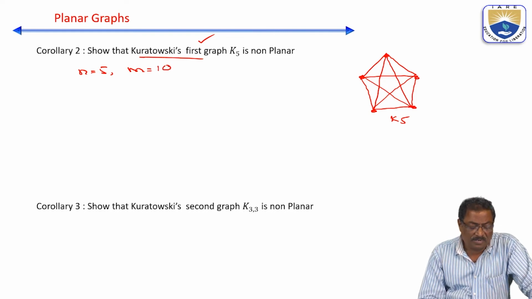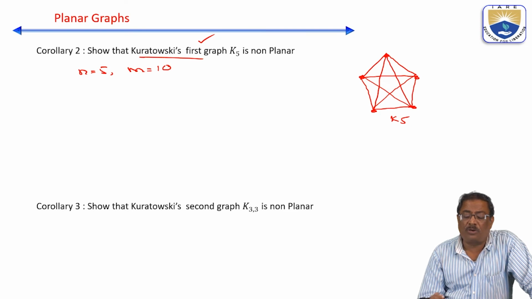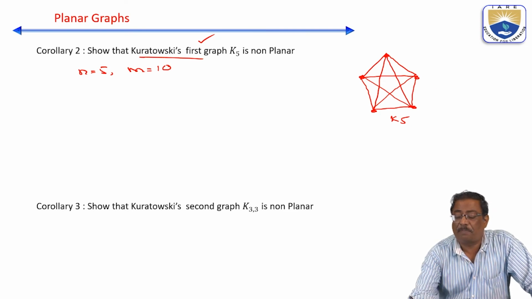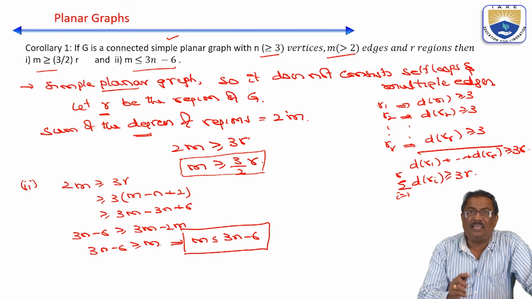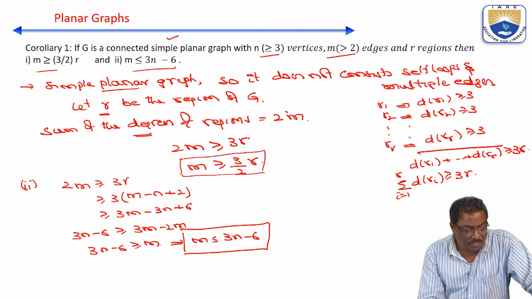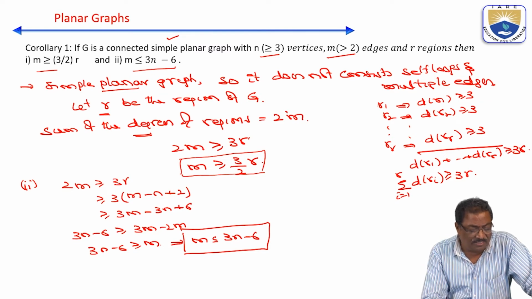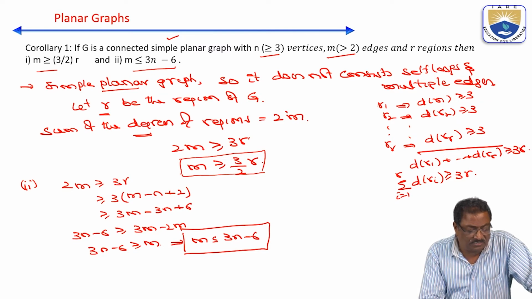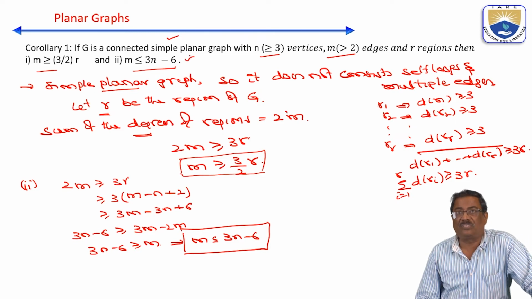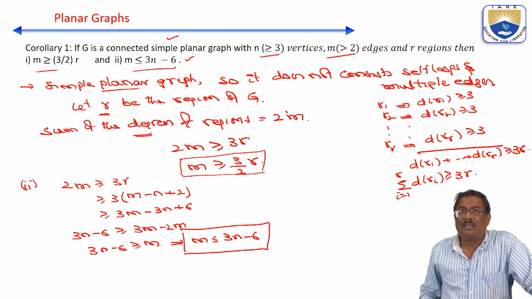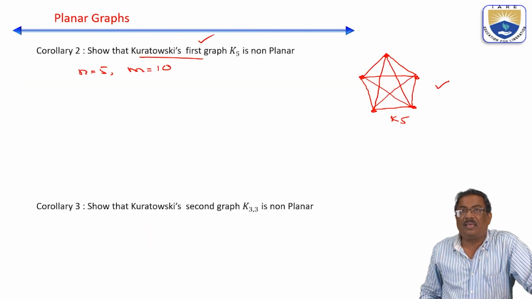Now suppose I assume that this is a planar graph, then it satisfies the relationship between number of vertices and number of edges. If it is a planar graph, then m is less than or equal to 3n minus 6.